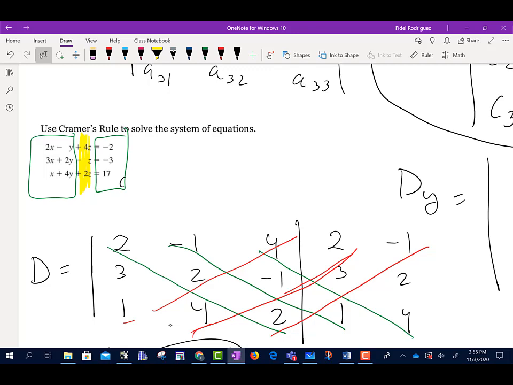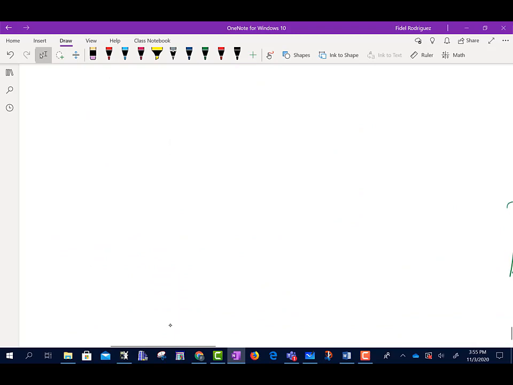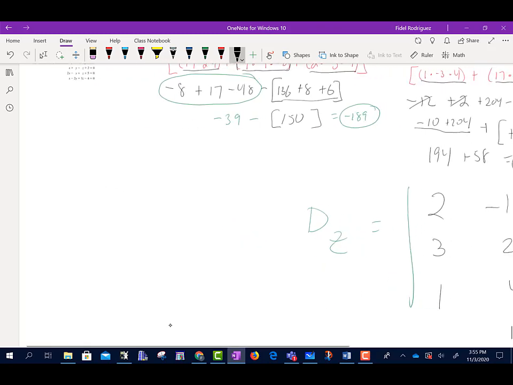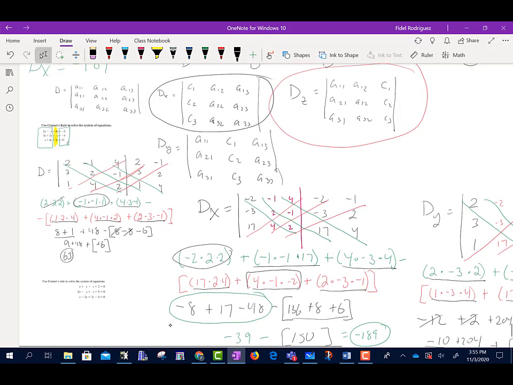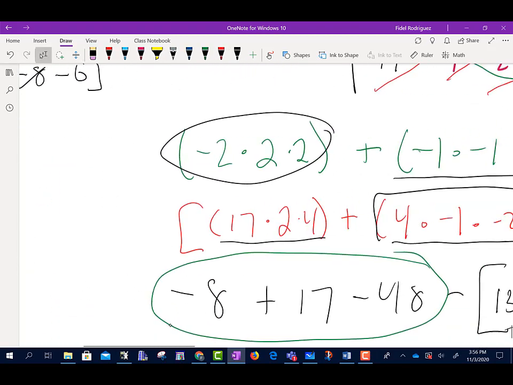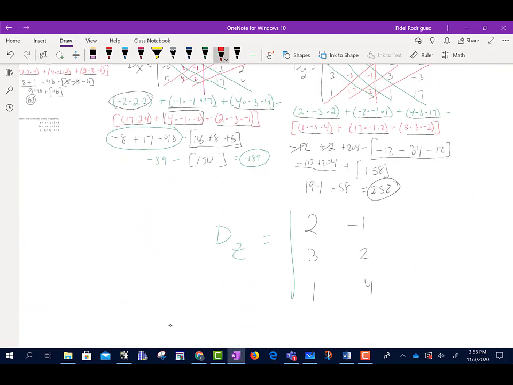And then the y values are -1, 2, and 4. Okay. And then the z column is going to be -2, -3, and 17.